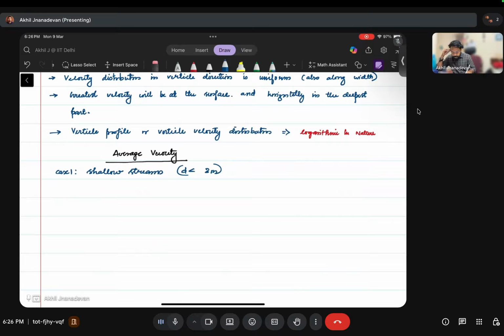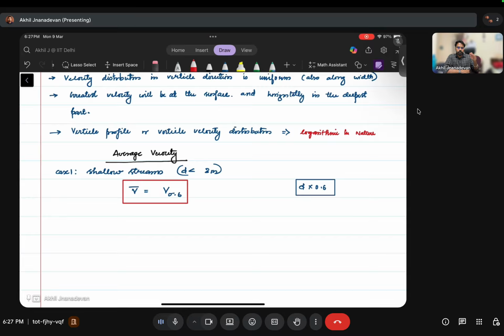There, the average velocity is nothing but the velocity corresponding to a depth of 0.6. So V 0.6 is the velocity at 0.6 times the depth of flow, right? If D is the depth of flow, then D into 0.6. At this value, we will consider the average velocity.